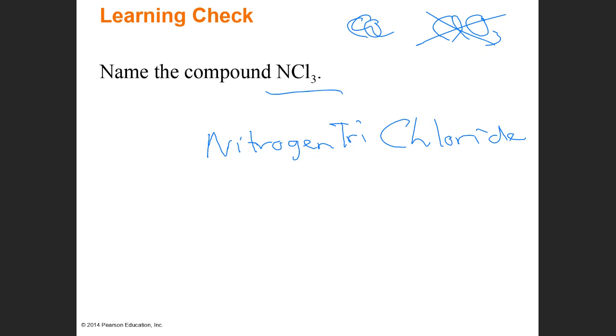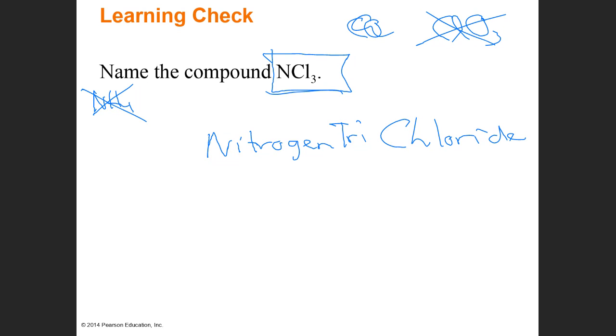Now, I can tell this is not an ionic compound because it does not contain a metal or NH4. If I see NH4 or a metal, I'm going to assume this is an ionic compound, and I use the ionic naming rules.